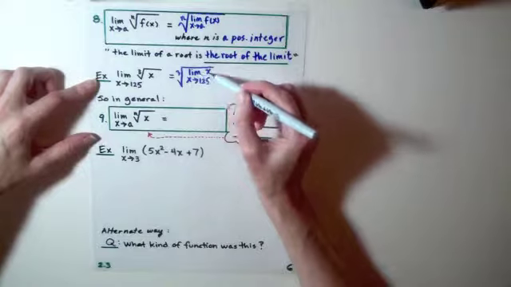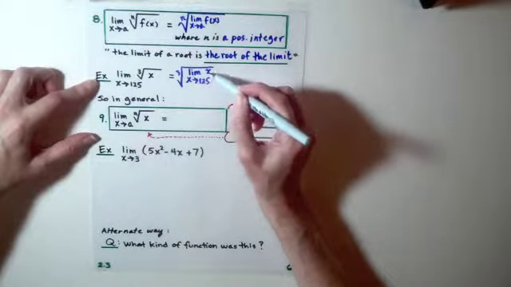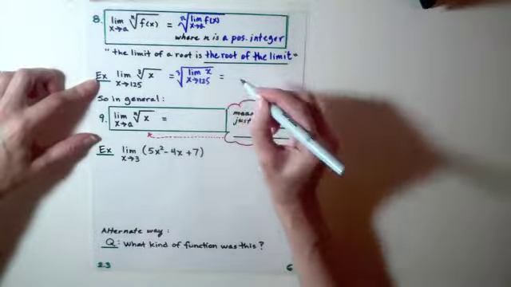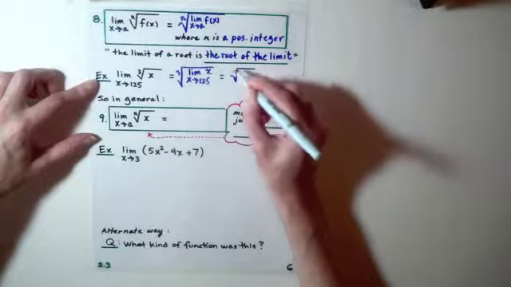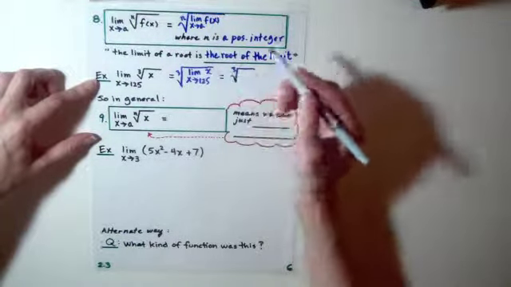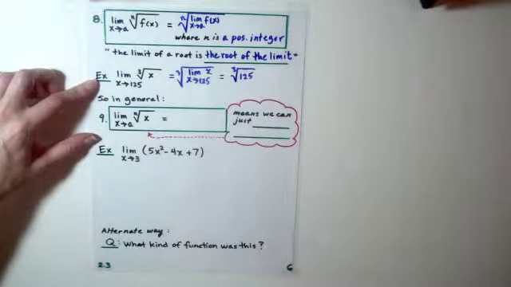Well, it's actually the obvious limit. I'm finding the limit as x approaches 125 of x. So what's inside is one of our two building block limits. It's the obvious limit, and we know that the limit as x approaches 125 of x is just the number that we are approaching, 125.